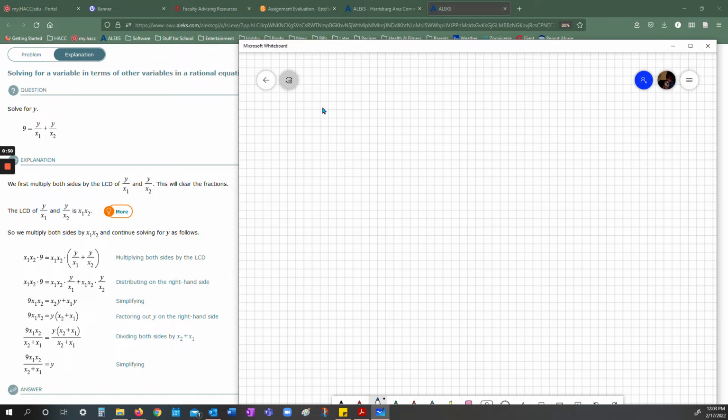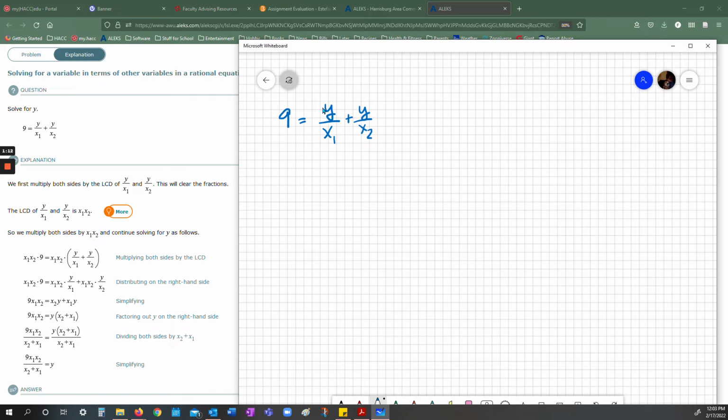So multiply both sides by the LCD. When you look at this equation, you have two fractions and two different denominators. One way to make things easier is to get rid of the denominators.